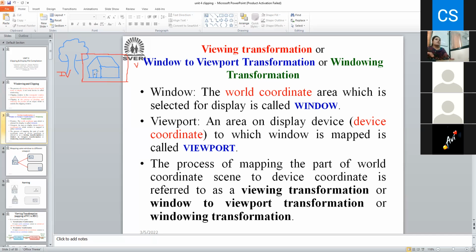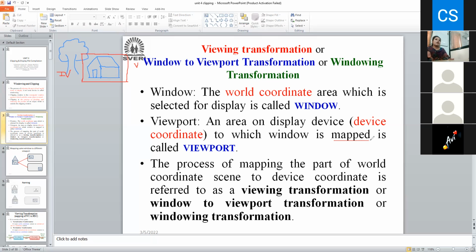Whenever I'm capturing this house on my mobile, are the size of the actual house and the size of the image the same? The actual size of the house is too big, but I am getting the full picture on my screen.